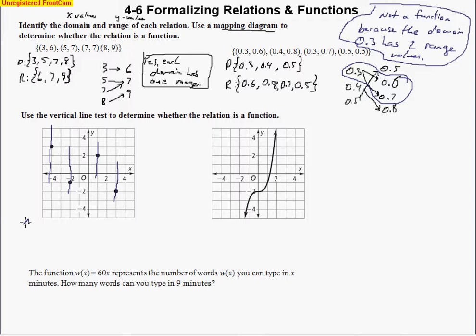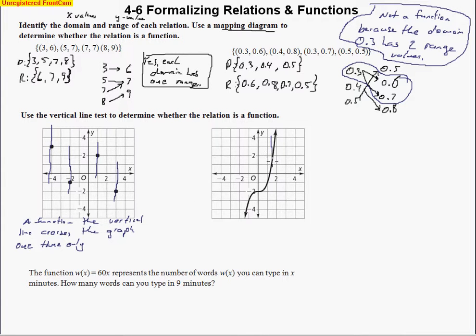A function, and the reason is the vertical line crosses the graph once, one time only. And so each of these vertical lines only cross one time only. Same thing with this one.